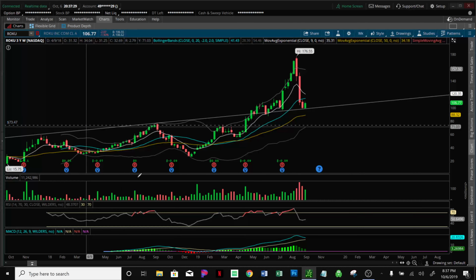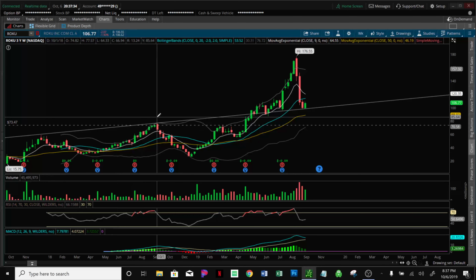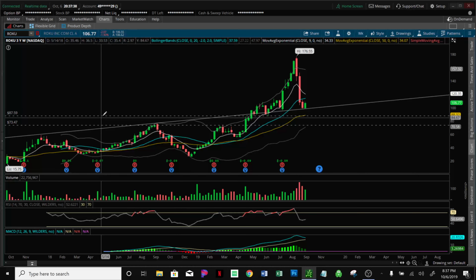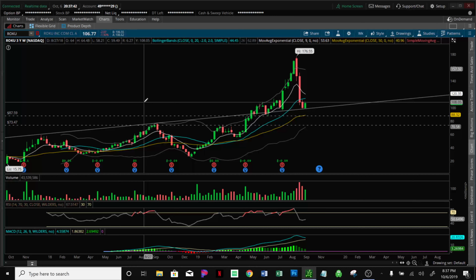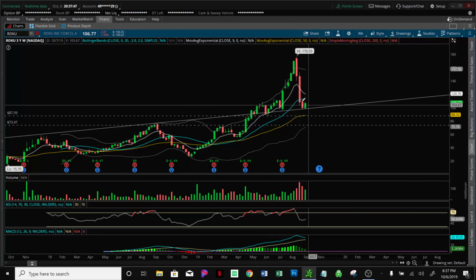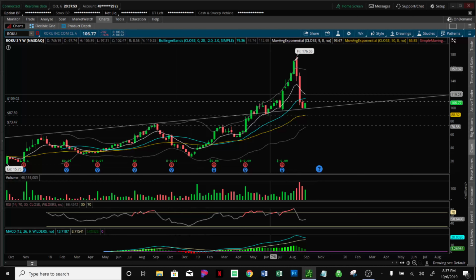You can see there might be some good support there, and some good support there. You saw some resistance here on this candle at this level and this level. So you maybe draw a price level somewhere around there.